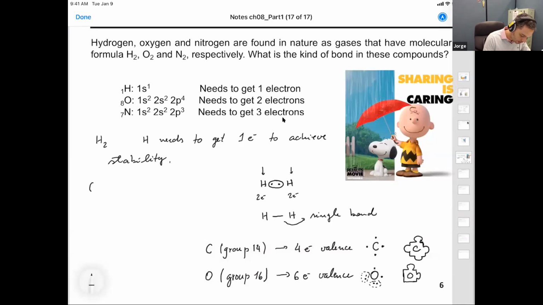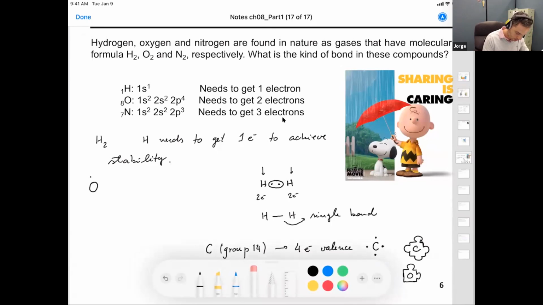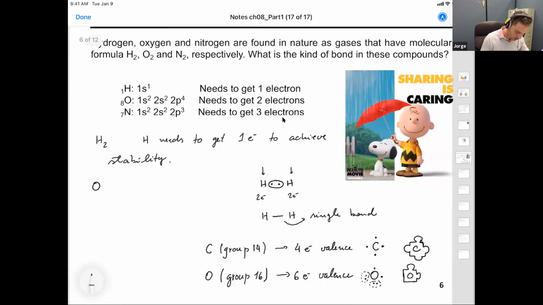We know that oxygen has 6 electrons in the valence shell, and we represented it here already. So let's draw the Lewis representation for that. 1, 2, 3, 4, 5, and 6. And let's draw another oxygen here. 1, 2, 3, 4, 5, and 6 electrons as well.